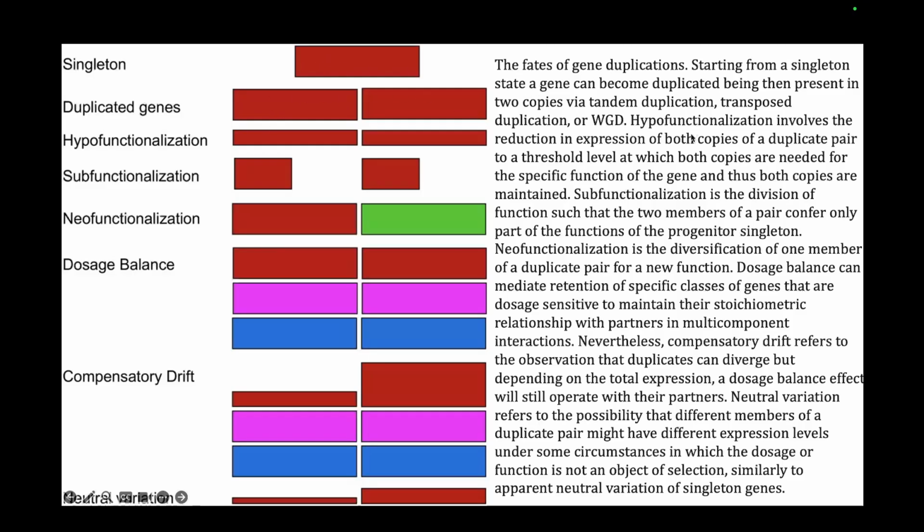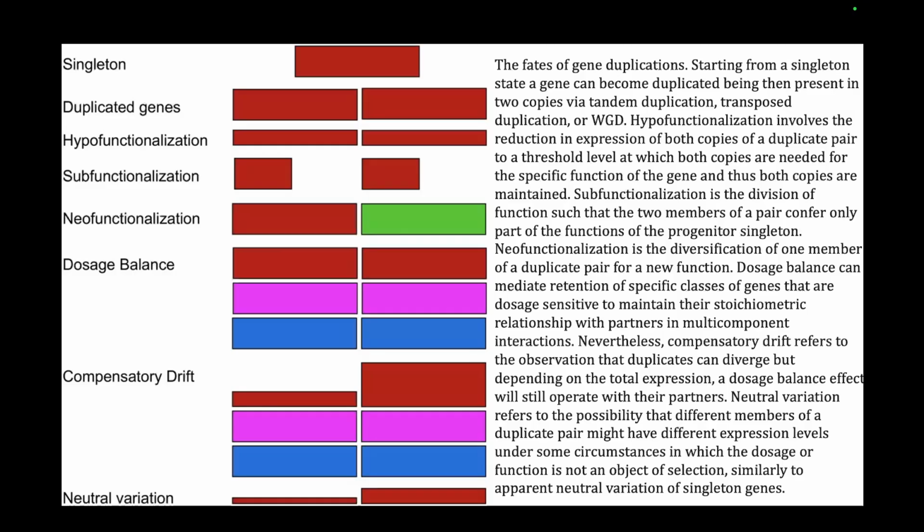Now, hypofunctionalization. A gene has become duplicated, being present in two copies via tandem duplication, transposon duplication, or whole genome duplication. Hypofunctionalization involves reduction in expression of both copies of a duplicate pair to a threshold level at which both copies are needed for the specific function of the gene. So the idea is that you have the same gene now in two copies.